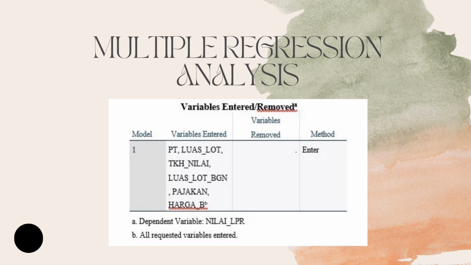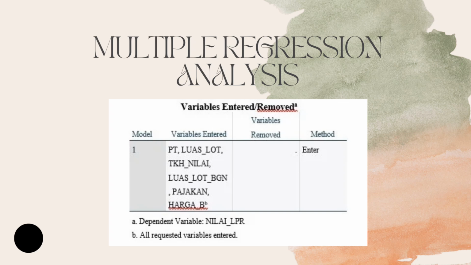For the multiple regression analysis, the dependent variable is nilai laporan and the independent variables are pajakan, luas lot bangunan, tarikh nilai and also harga bangunan.